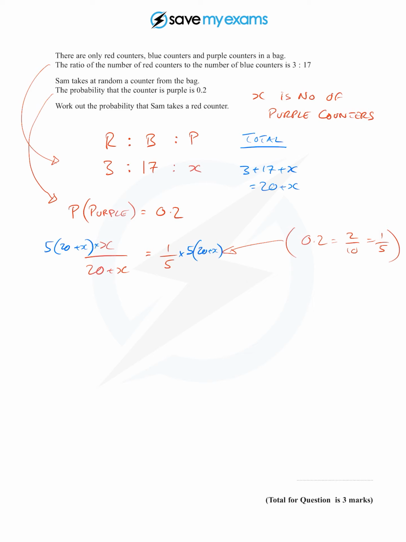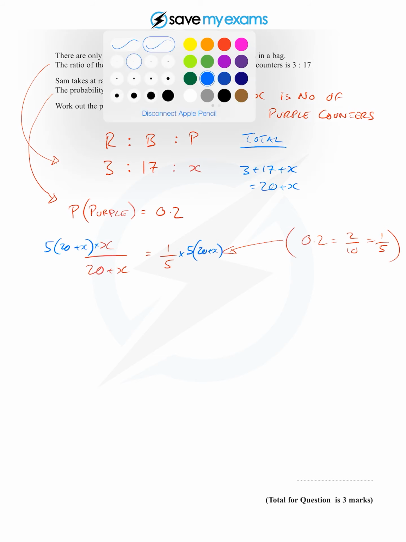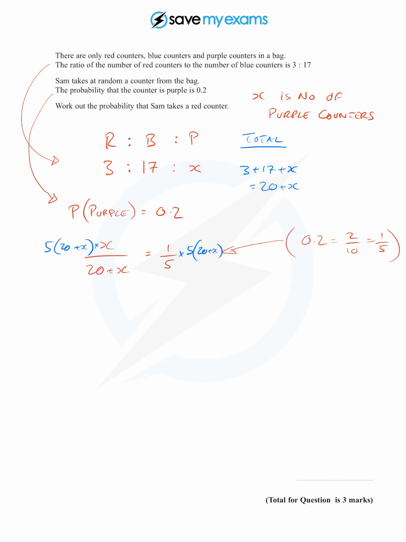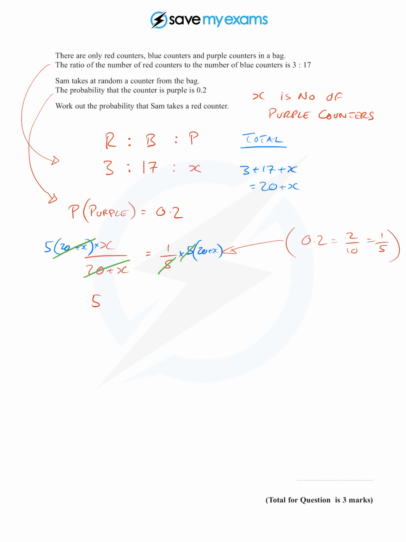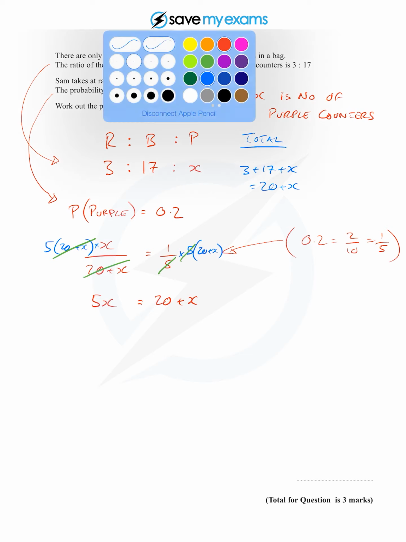And remember that when I'm multiplying, I'm essentially doing it on the top. Green cancelling pen comes out, and the 5s cancel on the right, and on the left, 20 plus x on the top cancels with the 20 plus x on the bottom. And I get 5x equals, well, all that's left on the right is 1 times 20 plus x, which is 20 plus x. How do I get x on its own?